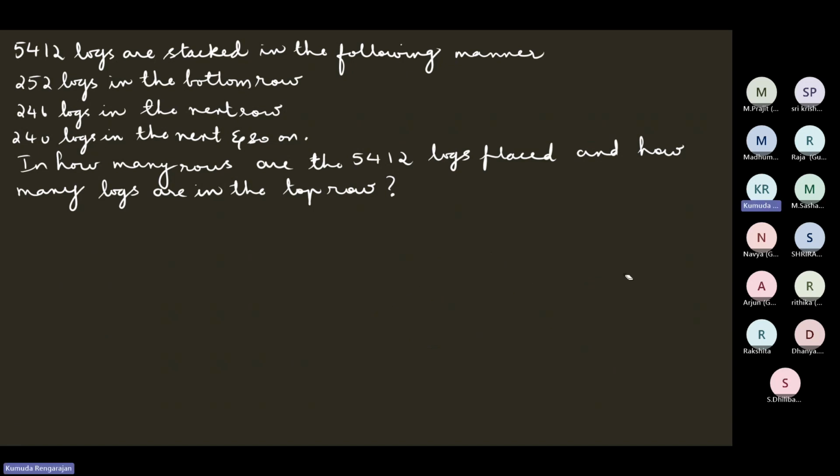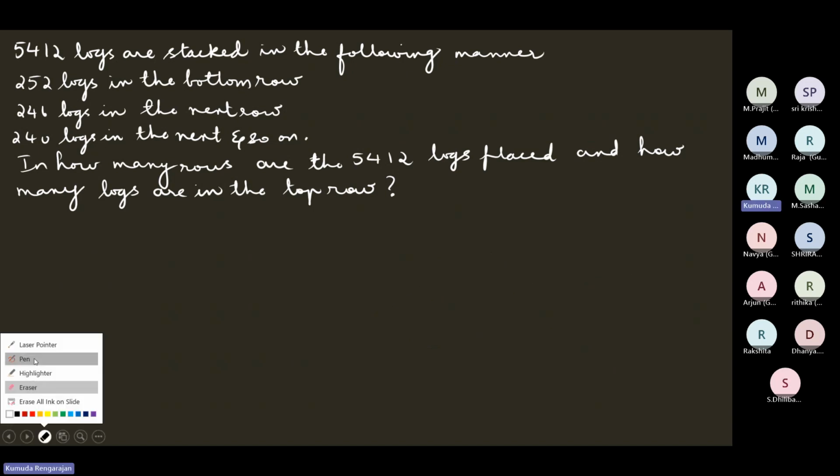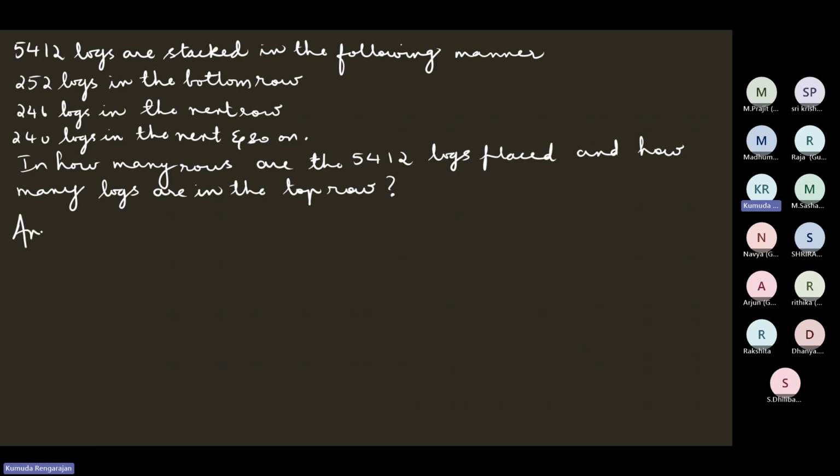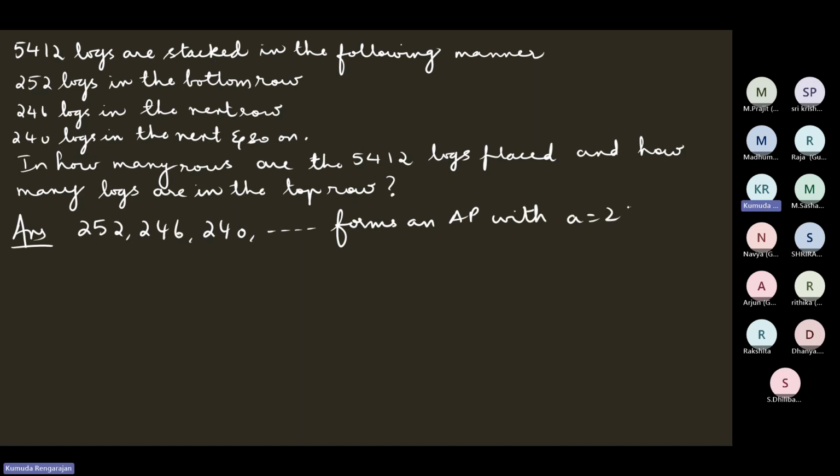Now tell me, we know the AP. What is the AP? 252, 246, 240 forms an AP with a equal to 252 and d equal to 246 minus 252, which is equal to minus 6.